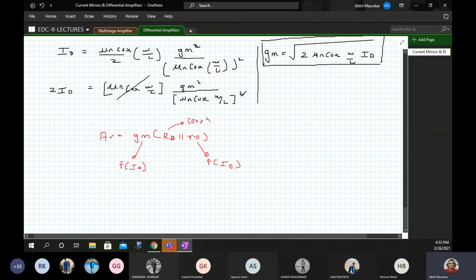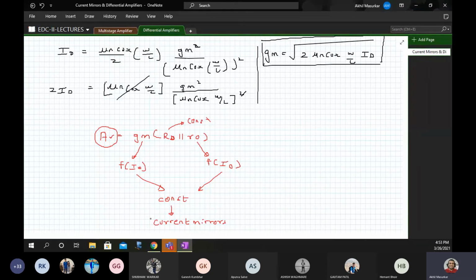So by common sense you should be able to say: make ID constant in the circuit so that my gain remains constant, and this is done by current mirrors or constant current sources. This part we will see next time.